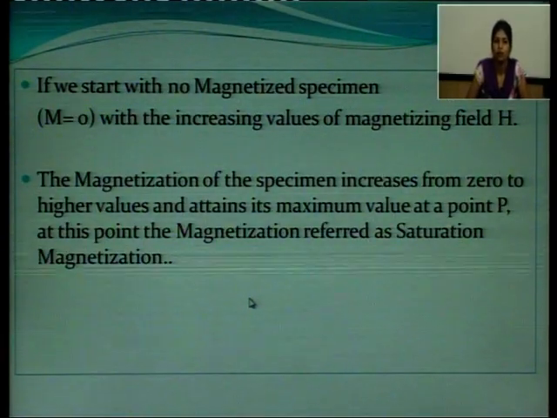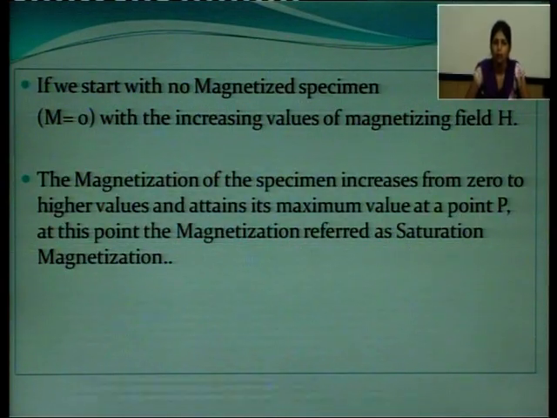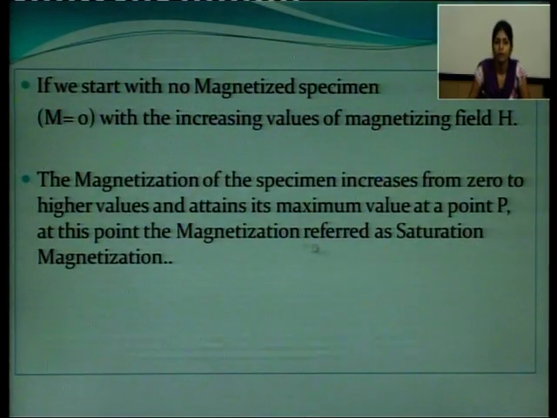If we start with a non-magnetized specimen, that is M equals 0, then with the increasing value of magnetizing field H, the magnetization of the specimen increases from 0 to higher values and attains its maximum value at a point P. As we increase H, B increases and attains the maximum value at P. At this point, the magnetization is referred to as saturation magnetization.